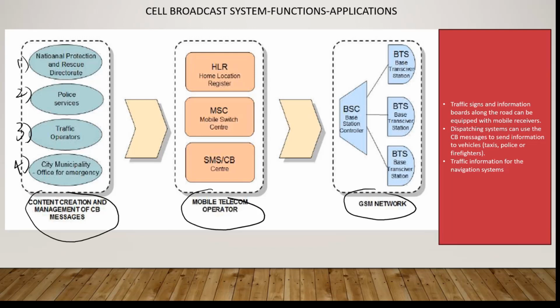For example, if the management would like to tell them that due to fog, that specific part is closed, they have already defined those messages in that specific traffic operation.